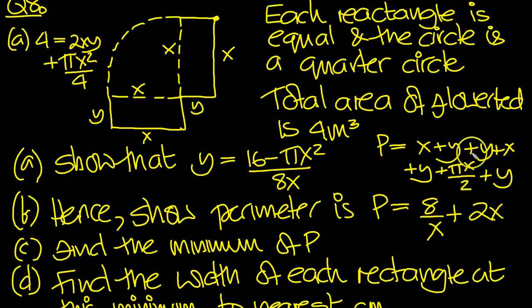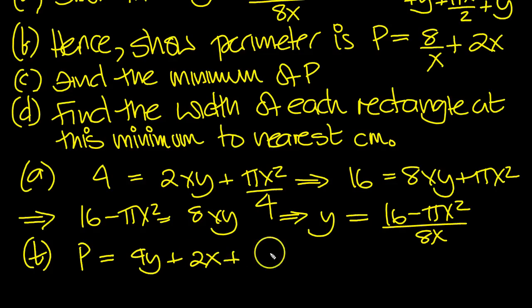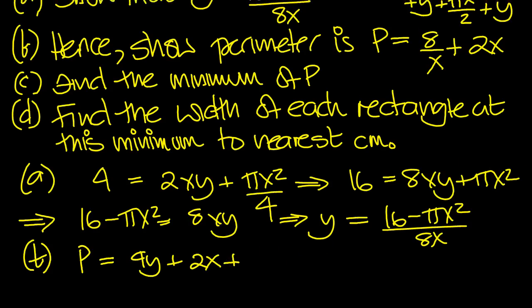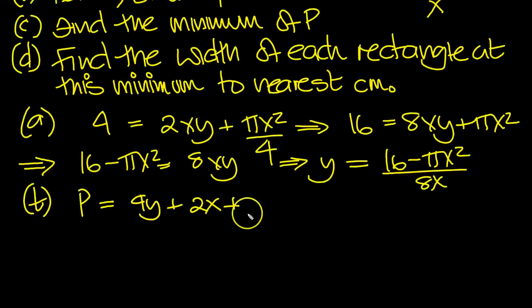So how many y's have we got? 4 y's plus 2 x's plus pi x over 2. So B, perimeter: 4 y's plus 2 x's plus the pi x over 2.